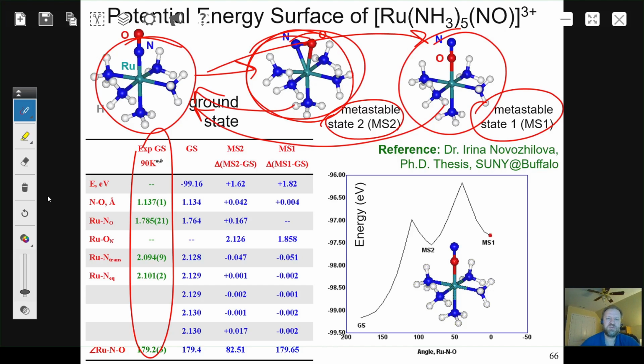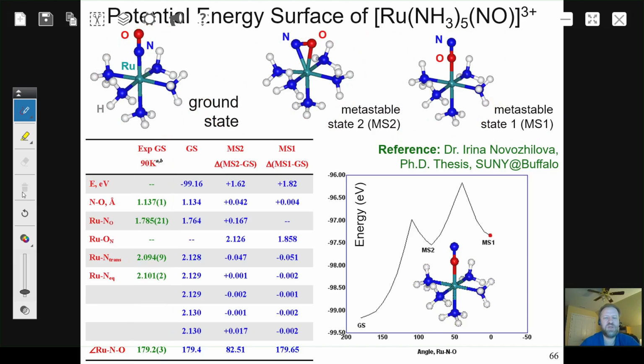However, the reaction in solid state, so you take the crystal of your molecules in ground state, you hit them with a laser, and again, I don't remember exactly the frequency or the wavelength of the laser that they used. So, while the system is cooled, the system will go either into metastable state 2 or metastable state 1.